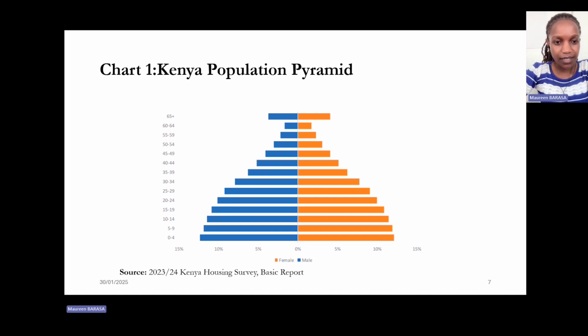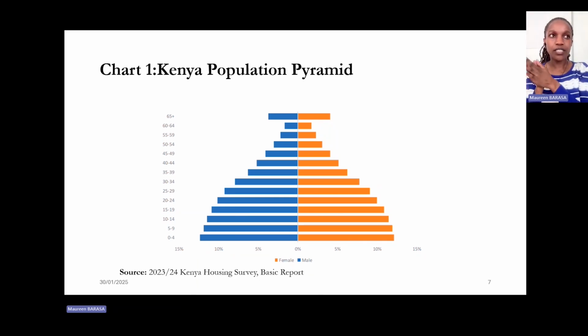And we can see from ages 0 to 4 all the way to 14, that's 10 to 14, there's a huge bulge, as well as a peculiar bulge towards 65 plus.